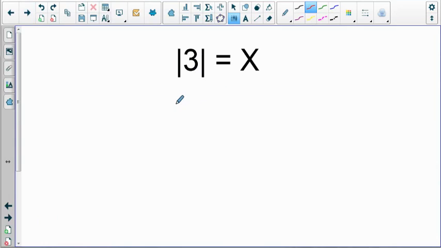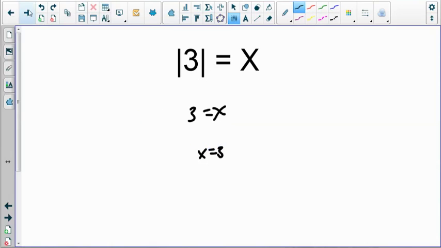The absolute value of 3, what it's saying is that x is 3 away from 0. So it's saying what number is 3 away from 0? Well, 3 is x. So x is equal to 3, because how far away from 0 is 3? It is 3 away, so x is equal to 3.